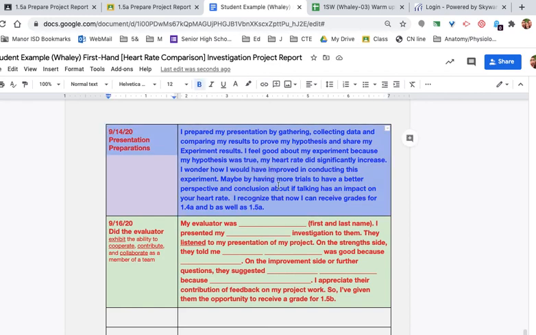So this is what I was supposed to do. I prepared my presentation by gathering, collecting data, and comparing my results to prove my hypothesis or falsify it, and share my experiment results. I feel good about it because my hypothesis is true, supported by my data. My heart rate did significantly increase. I wonder how I could have improved, maybe by having more trials.